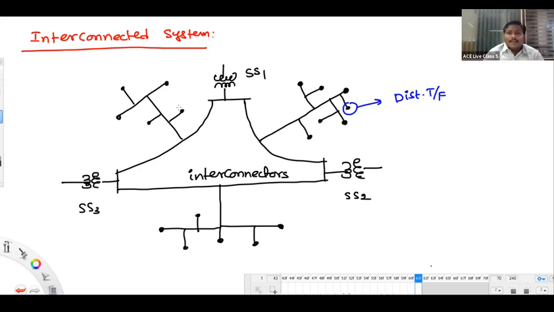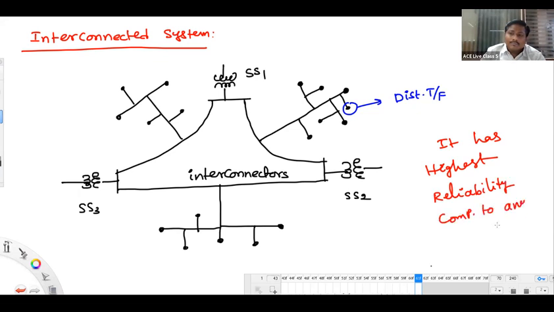So this is an interconnected system, and this system has the highest reliability compared to any other system. So I think all of you are getting it.